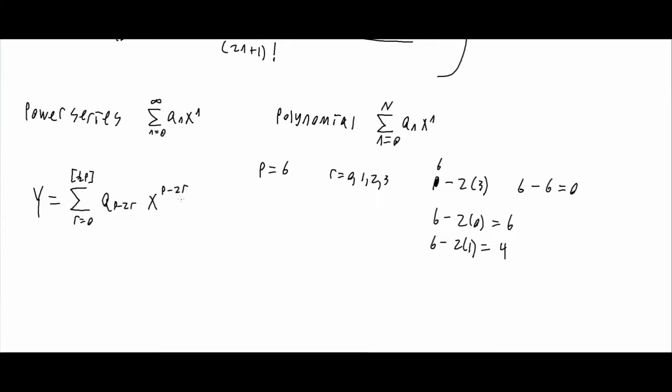So if p is an even number, then we can see that we're going to have powers of 6, 4, 2, and 0. Actually no, it'd be the other way around: 6, 4, 2, and 0.